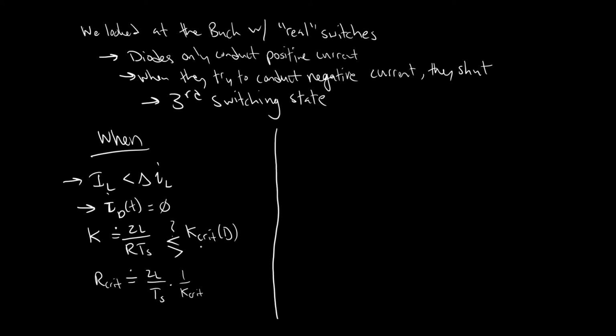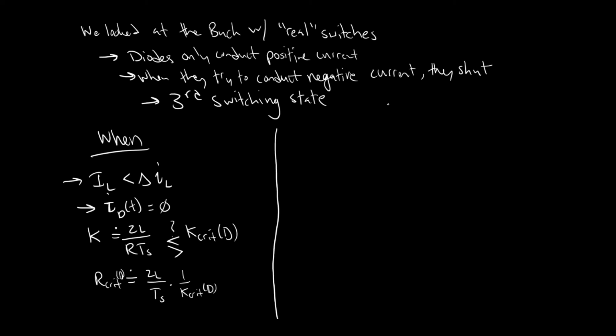That's just rearranging this. If you just bring Kcrit down, you can solve for Rcrit in terms of Kcrit, and this is a function of D. So as a result, this Rcrit is a function of D. We'll get into this deeper, but basically this is how we decide if we're going to go into DCM. We have some parameters and we have something related to D.